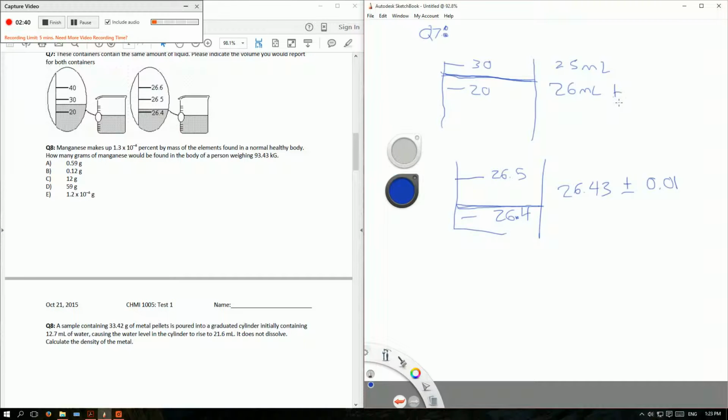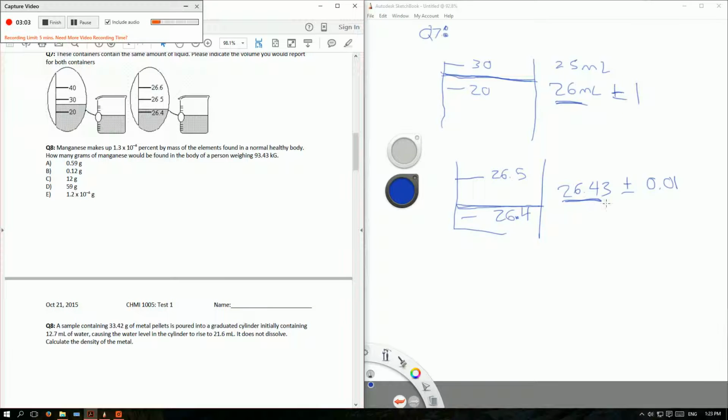This one is plus or minus 1. So you could report 26 mils or 26.43 for these containers. This one you could only report to the one and no decimal places.